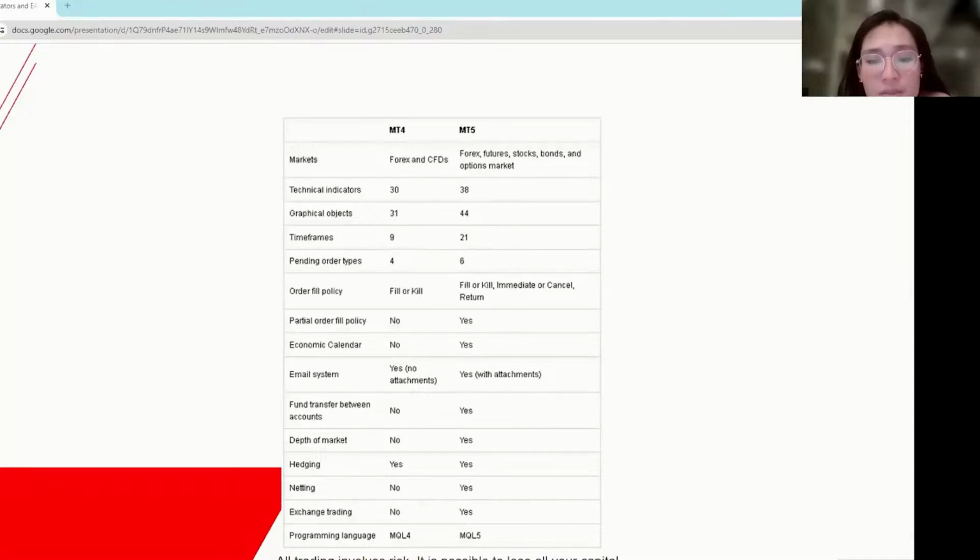On the other hand, MT5 is better suited for traders looking for a more versatile platform that supports multiple asset classes and advanced trading features. Both platforms are available on various devices, including your desktops, mobile, and tablets. So you can access the markets from anywhere, anytime.